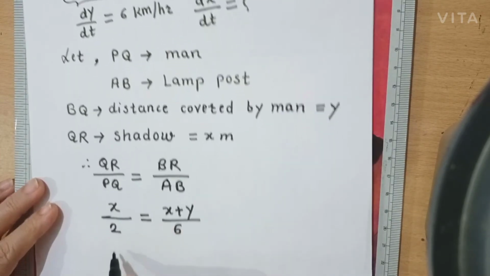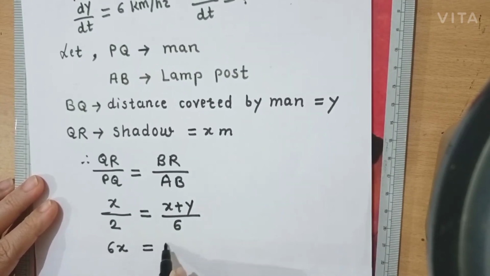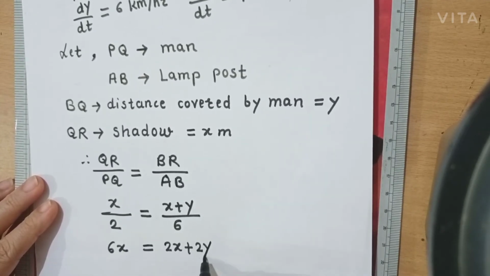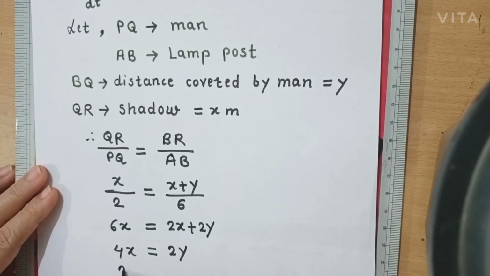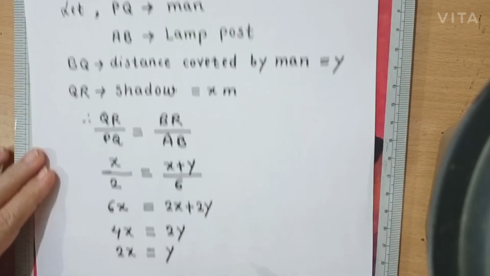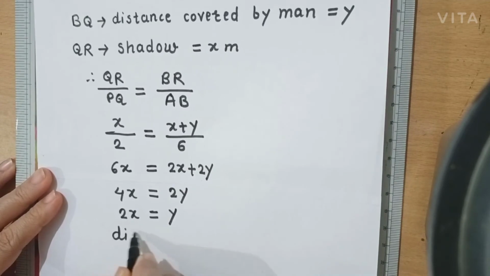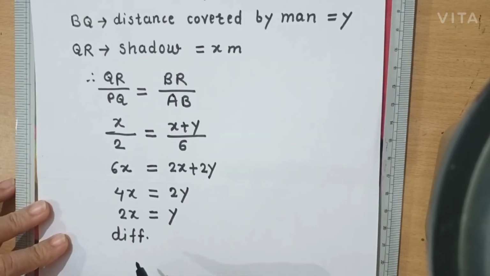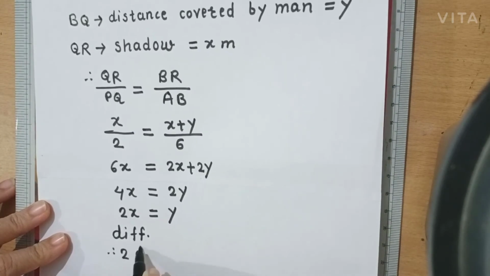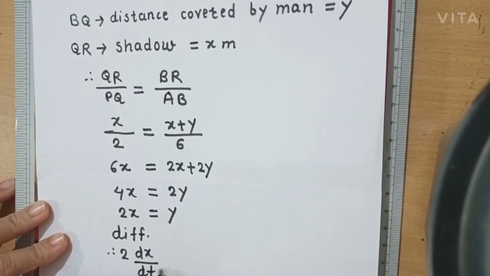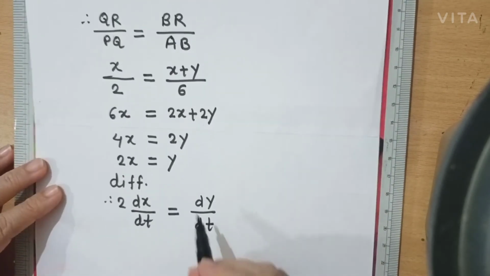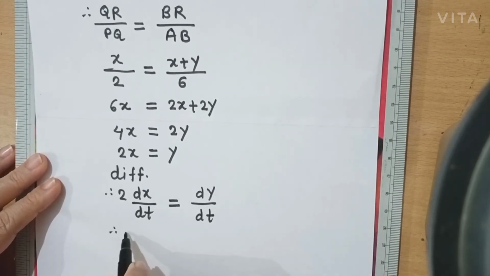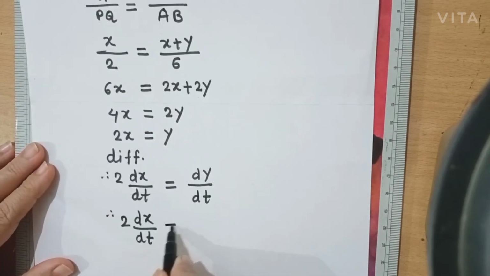Now cross multiplication, so 6x equal to 2x plus 2y, move this here, so we have 4x equal to 2y, that is equal to 2x equal to y, and now differentiate with respect to t, and therefore 2 dx by dt equal to dy by dt, and we have given that is equal to 6, and therefore 2 dx by dt is equal to 6.